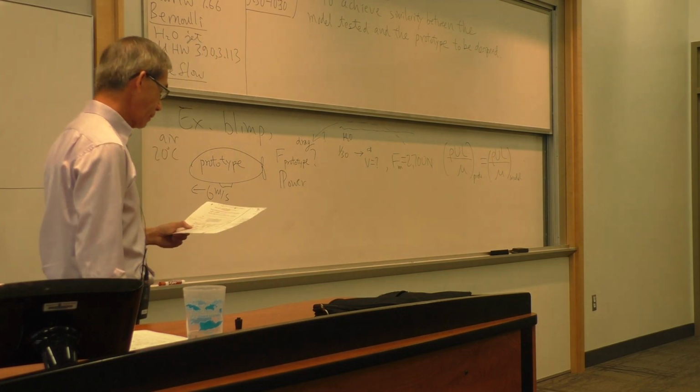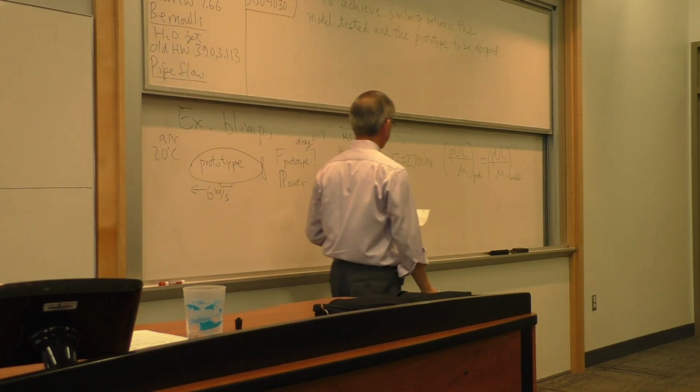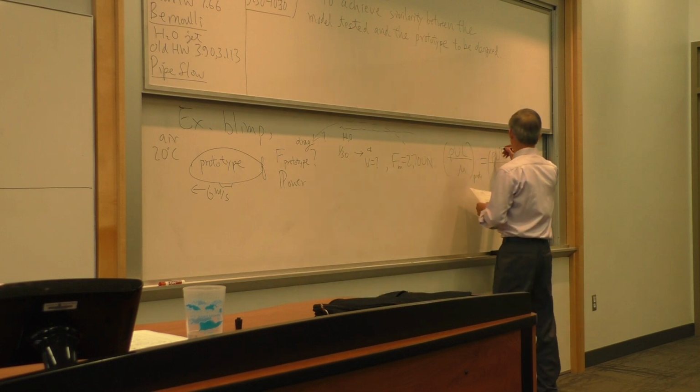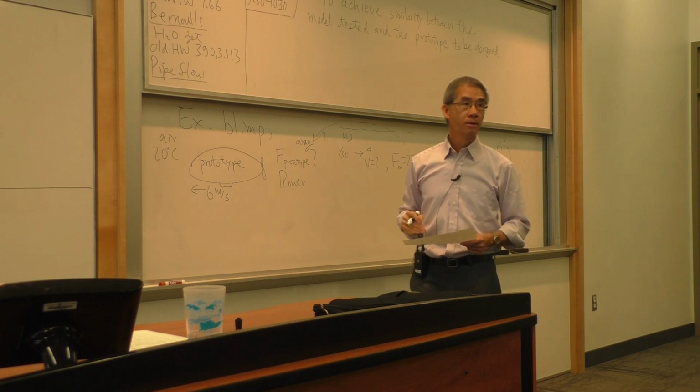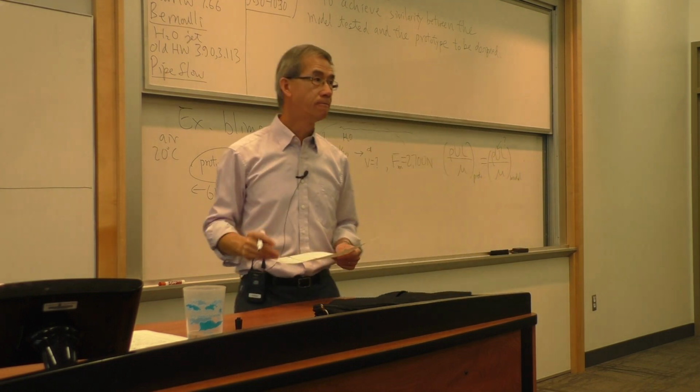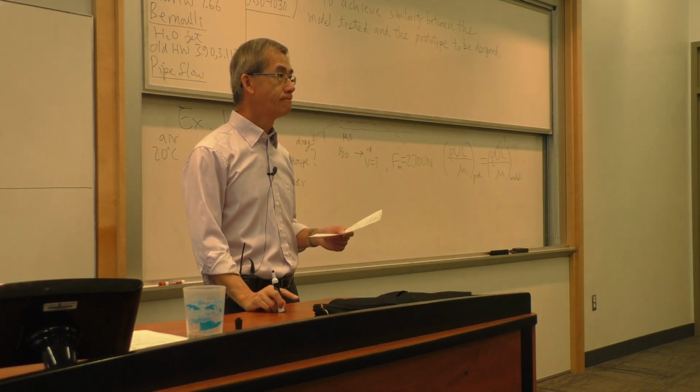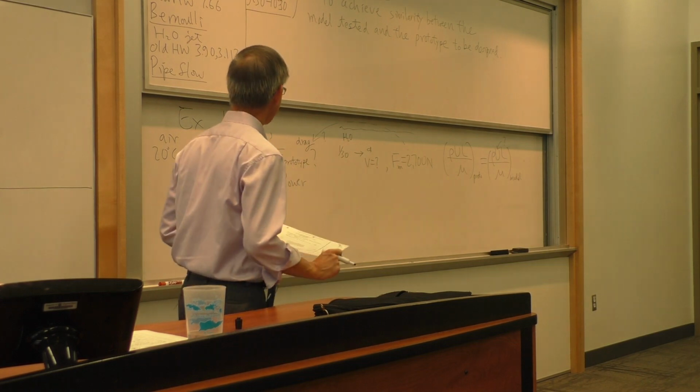The only unknown I have, of which I would use the Reynolds number to determine, is how fast I run my water tunnel. Right? The others are all properties I can look up.